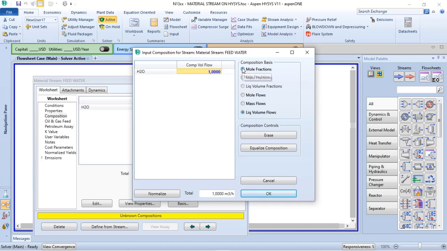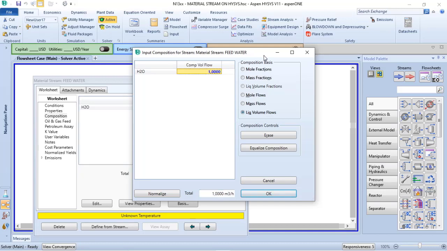As I told you, by standard, mole fraction is the option checked by Aspen Hysys. And here, what is important to understand is that every time that you choose fractions as the composition basis, the sum of all the compositions must be 1. If it is below 1 or above 1, Aspen Hysys will make adjustments so the total is 1 again.